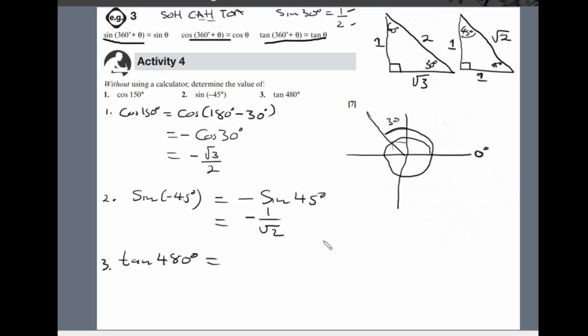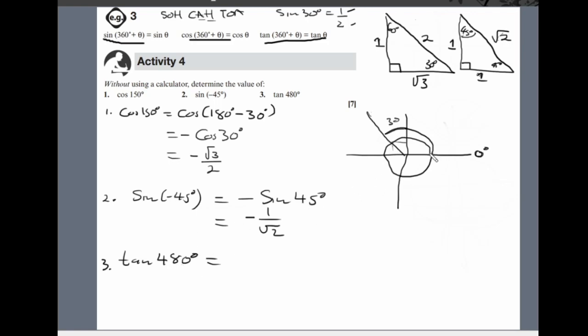So if we take tan 480, you get minus root 3, and if we take minus tan 60, you also get minus root 3. What I'm trying to explain here is that 480 is the same as having an angle of 60 degrees in the second quadrant. I don't know if that makes sense, but try to think of it this way.